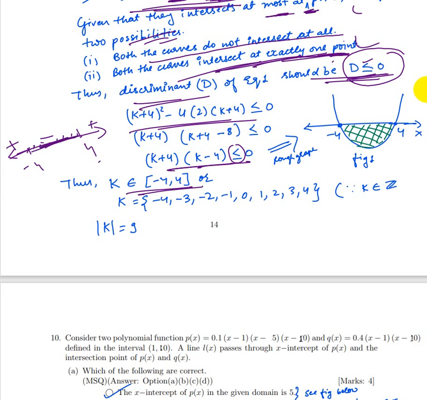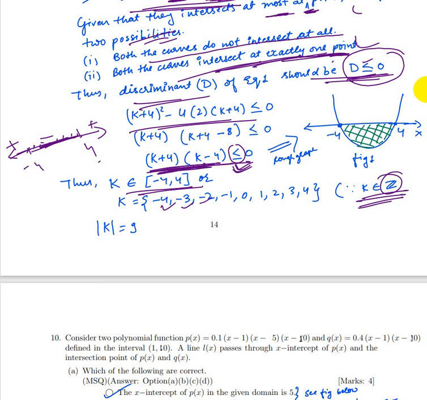So whenever there is a quadratic function in the condition of an inequality, the answer is generally an interval. And since all the values of k belong to the set of integers, there won't be any rational numbers.